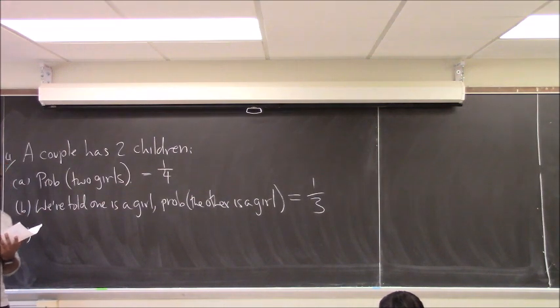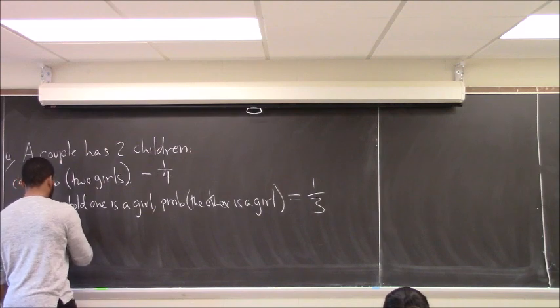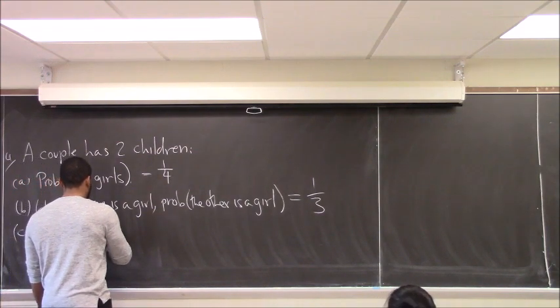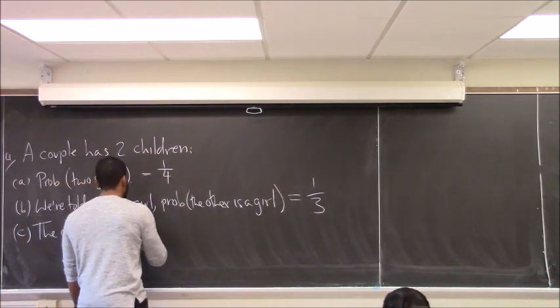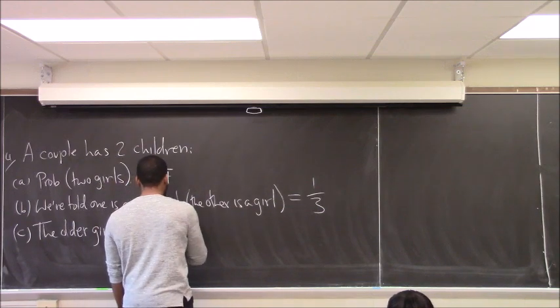Okay, so what if you know that the older girl, and pay attention now, the older girl's name is Freuda? What is the probability that the other is a girl? Freuda, kind of like Friday.